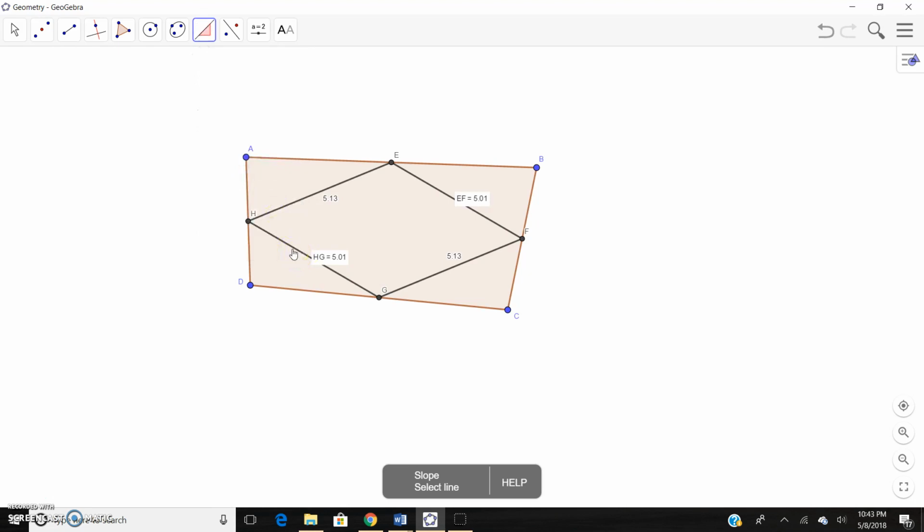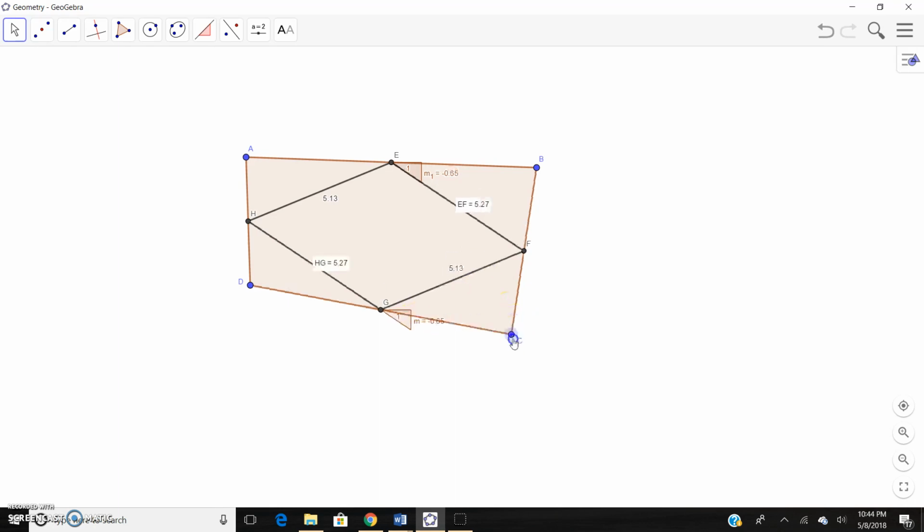That is very easy to do because I simply click on the line. So I clicked on this segment, and that is this slope here and this slope of this line. So they are both negative 0.57. So they are both equal, meaning that these two lines are parallel.